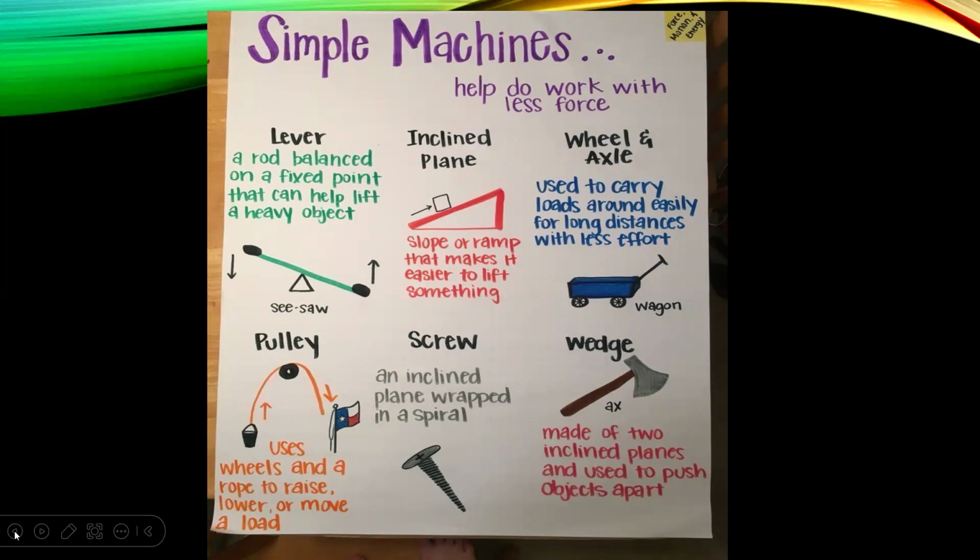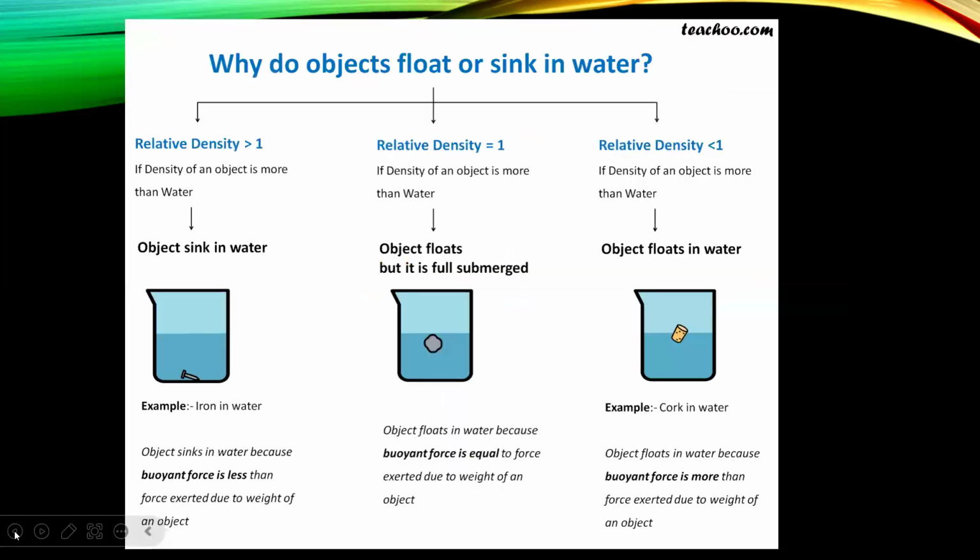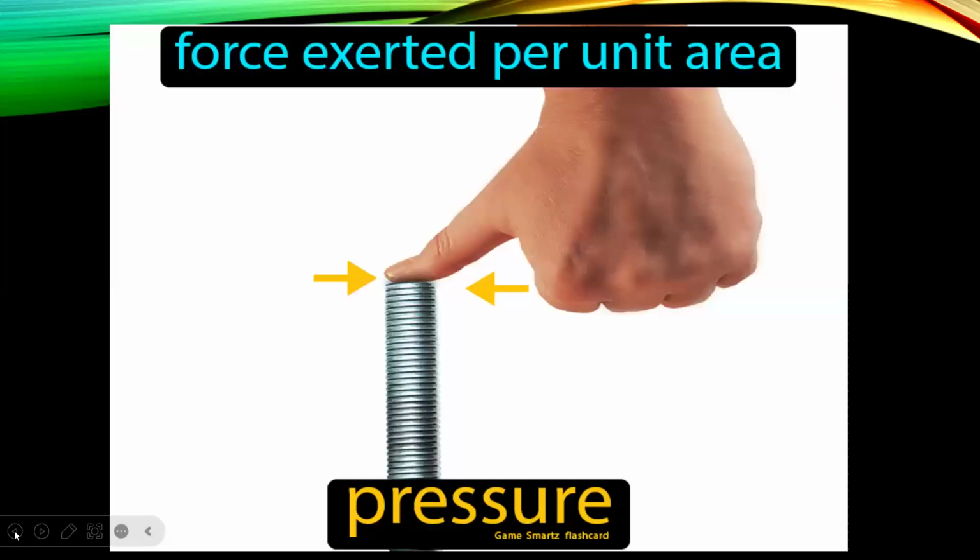And then we have the pulley, wheels and a rope to raise, lower, or move a load. And then screw, an inclined plane wrapped in a spiral, and wedge, made of two inclined planes and used to push objects apart. Okay, so those are the simple machines.